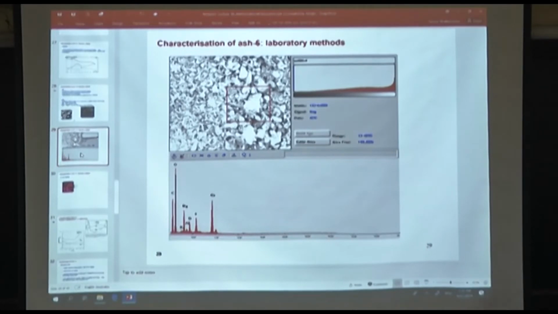But there is certain software available these days. As I mentioned, one is HSC Chemistry. It has developed quite significantly. But better than that is a software called FactSage. That is commercially available, and academic licenses are available.